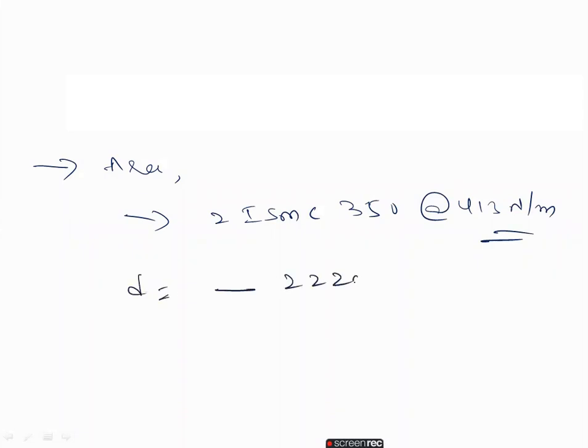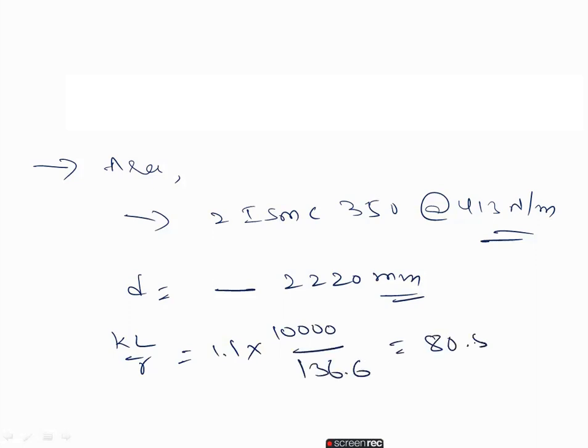We got 220 mm in yesterday's class. Then KL by R equals 1.1 into length by 136.6, that is the R, and we got 80.52.